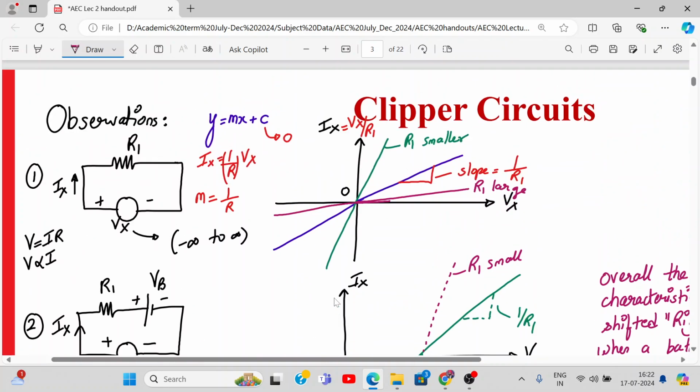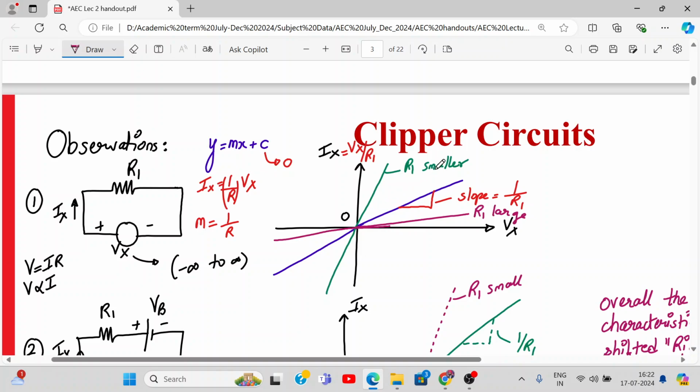Now let me go back to the first case. When R1 was smaller, what was the slope happening? Is the slope getting larger or very small? In this case, is the slope moving towards an infinite value or a very low value? And here, when R1 was very large, the slope was becoming 0.